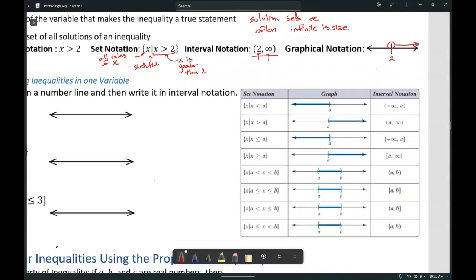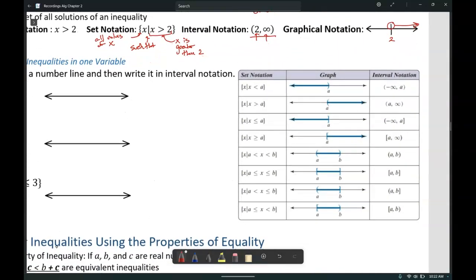So here we have a chart representing comparisons with set notation, graphs, and interval notations. Just note that there's a couple different ways that graphs can be represented. We could use parentheses or brackets at the indicated location, but often we also see open circles and closed circles.